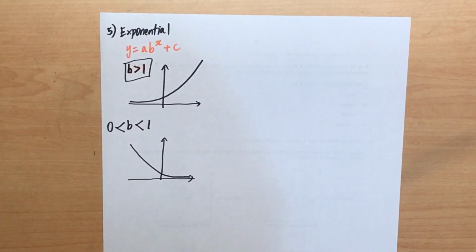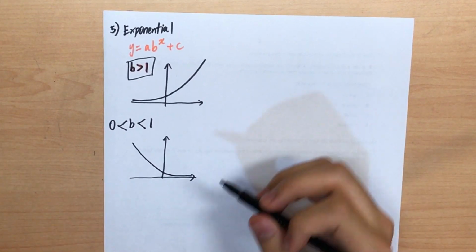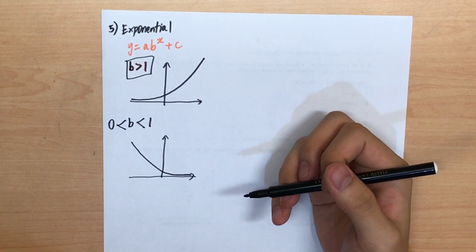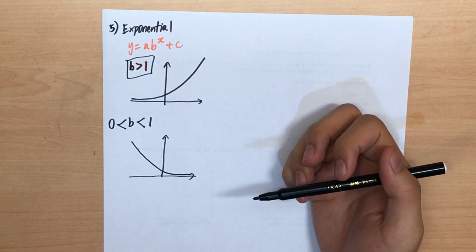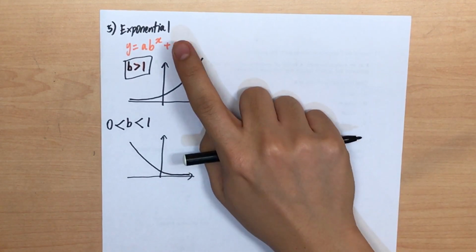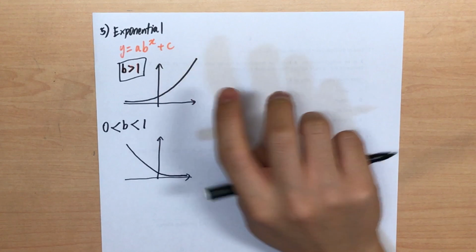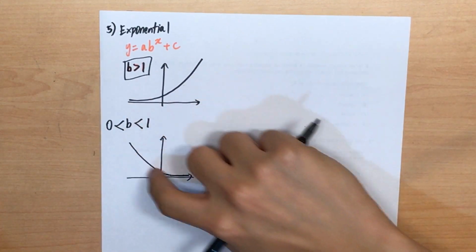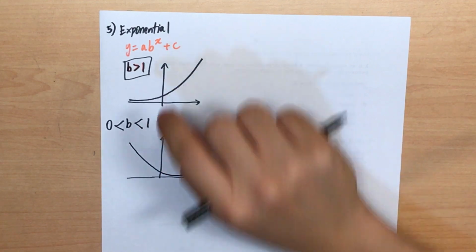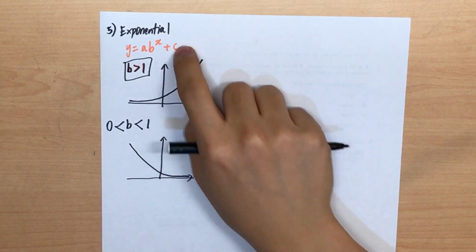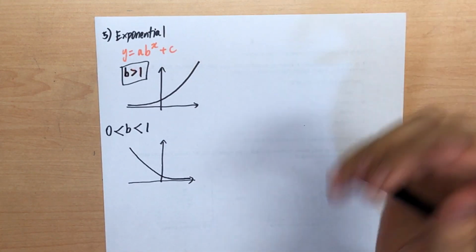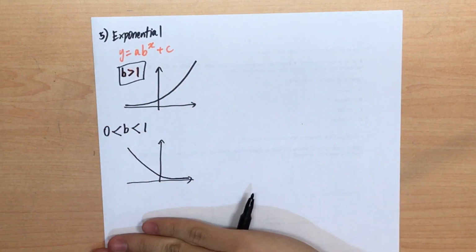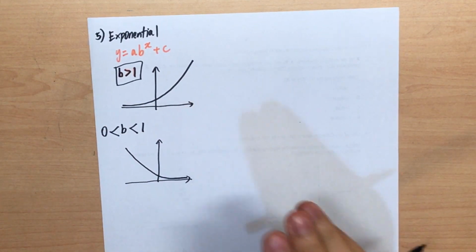For the c, it's called the vertical shift. It means that if you add c, where c is a number, let's say plus 5, this curve will be moved upward 5 units. If c is negative 5, then the graph will shift downwards 5 units.